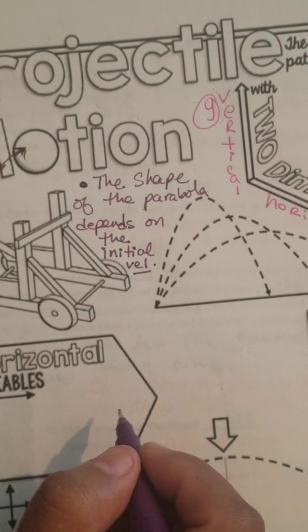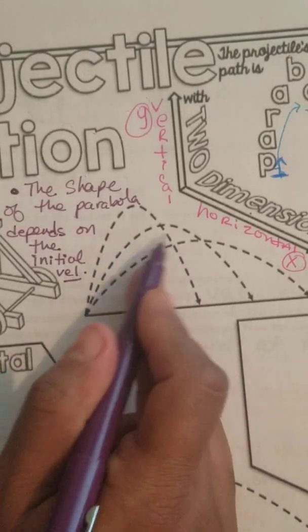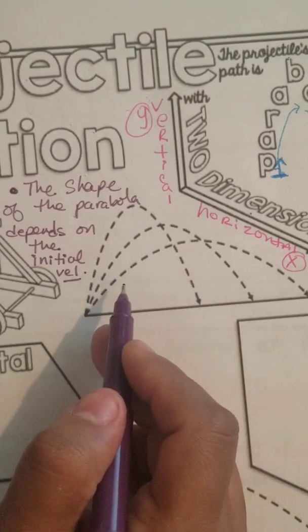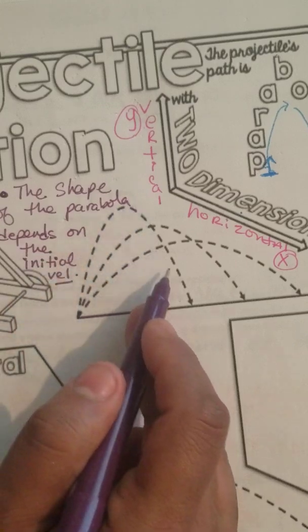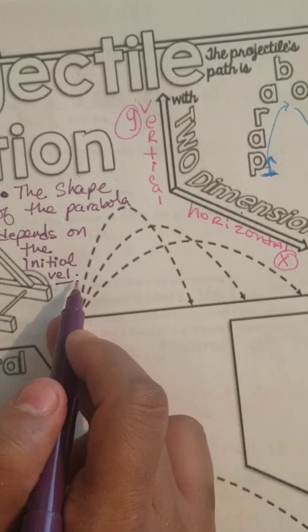How fast it is released is going to determine the shape of that parabola. And yes, it's going to form a parabolic shape no matter what. But the shape of how far it goes out or how high it goes and then down depends on the initial velocity that it was released with.